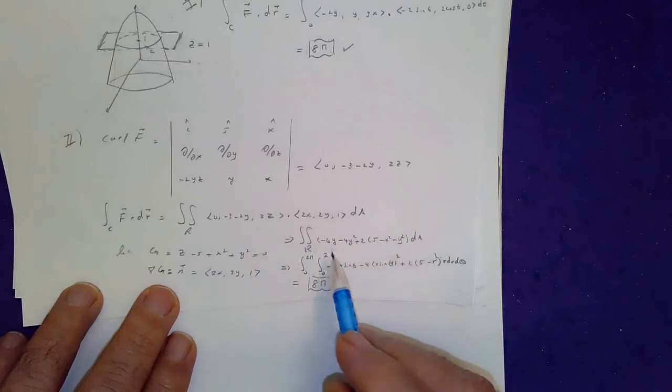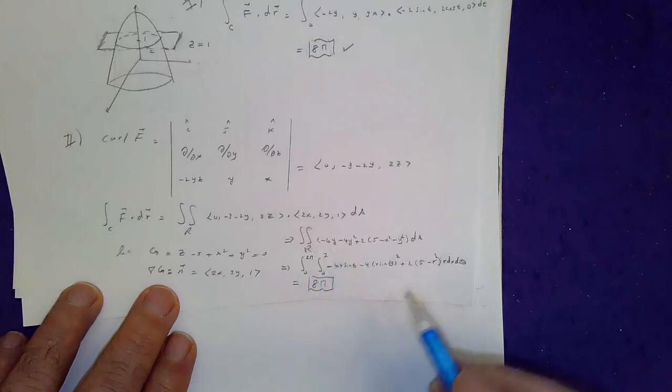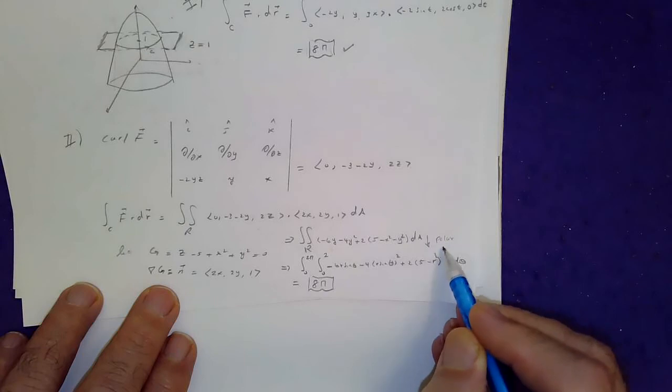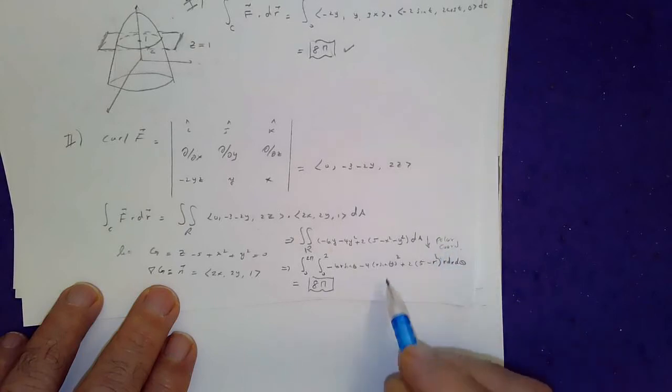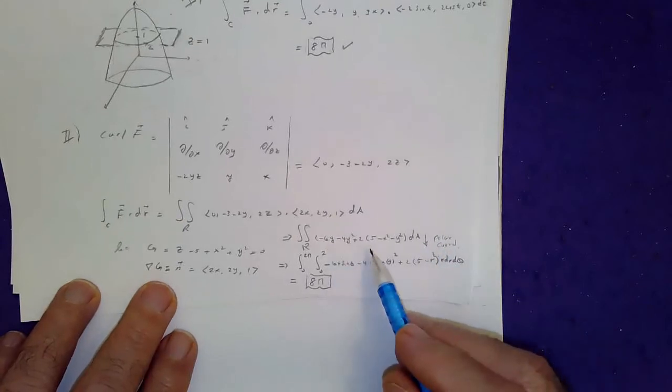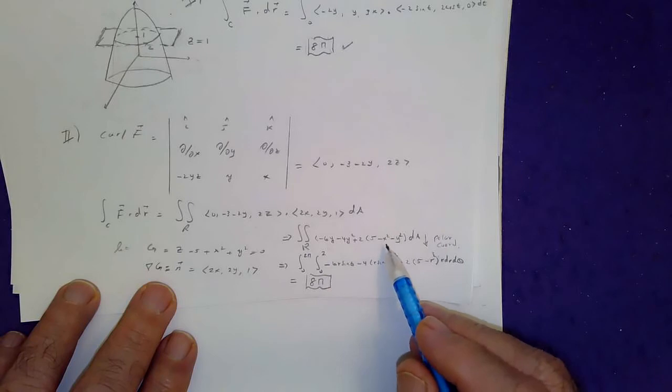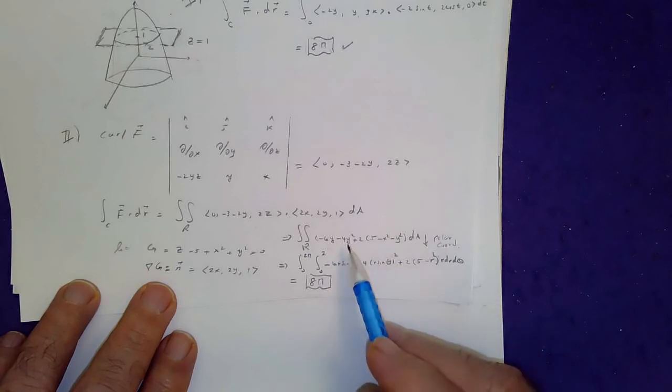And now what I did at this point, I changed the problem into polar coordinates. Wherever I saw x, I replaced it with r cosine theta, and y with r sine theta.